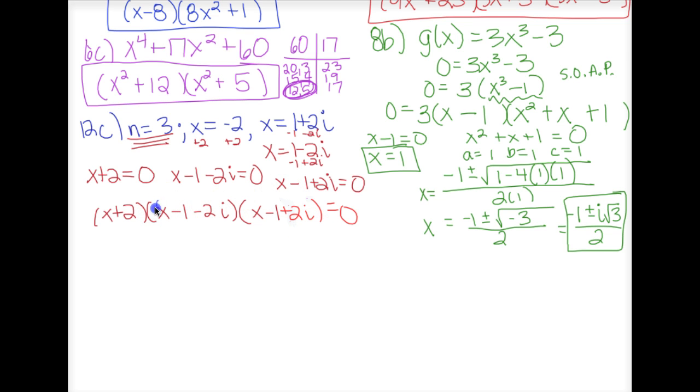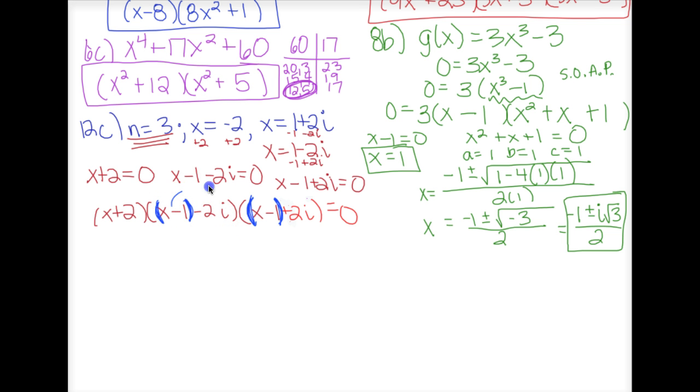I like to try to make these binomials because these match, which means we can group them and consider this that's in blue parentheses now a single term. The reason why I do that, again, I showed you this in class, is because now this is a sum and difference pattern. I have essentially a minus 2i times a plus 2i. And you can do that substitution if you want. So I am just going to say, well, now I've made it a binomial, which means I can FOIL it.